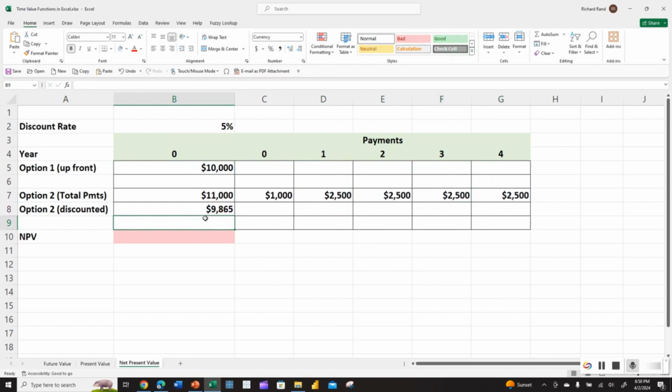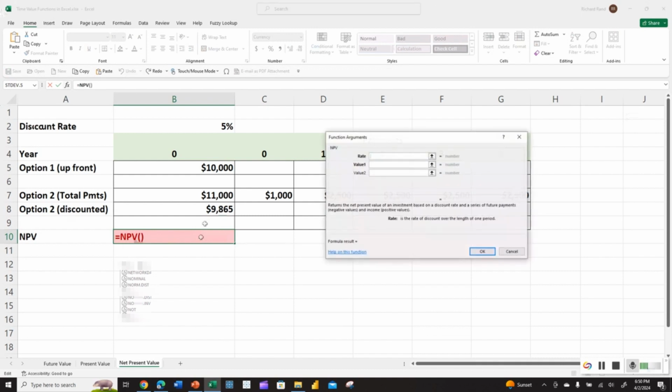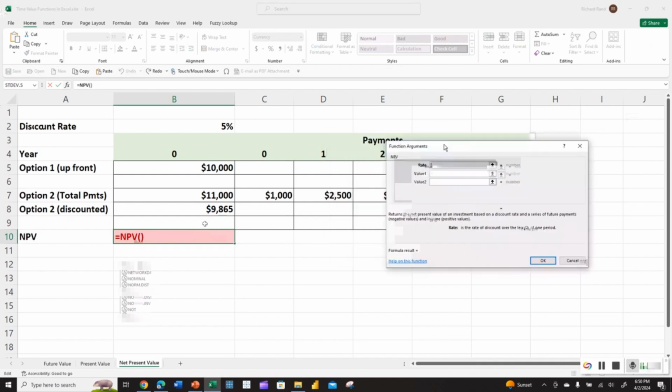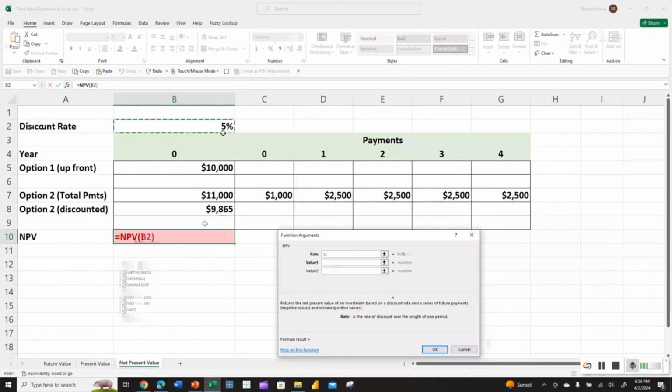Now, another way to do that is just to use the net present value function. So we'll do equals NPV. Now, the net present value function actually gives us a positive value, which is kind of weird, right? Because the present value gives us a negative value. But we're going to put in that our interest rate is 5%.